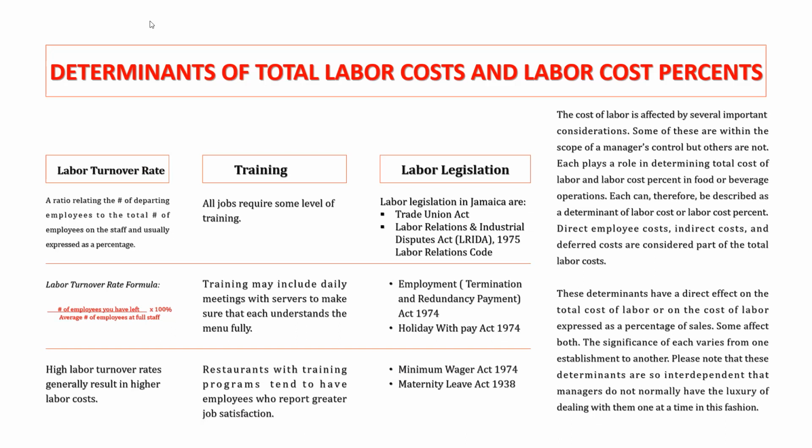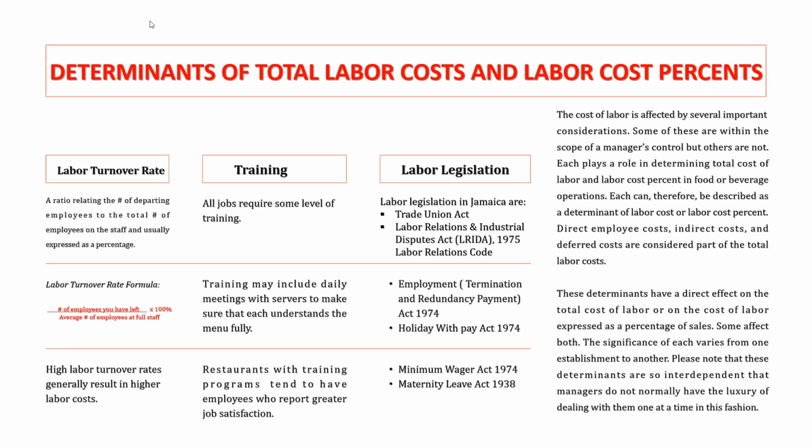This may be done on premises or in facilities provided by such outside agencies as unions, public schools, community colleges, or proprietary schools. Training can be a key factor in reducing the labor turnover rate in a restaurant.